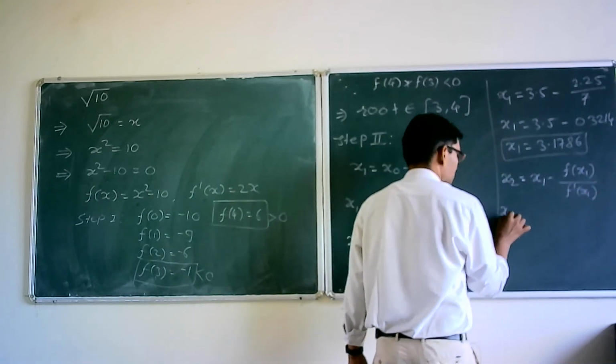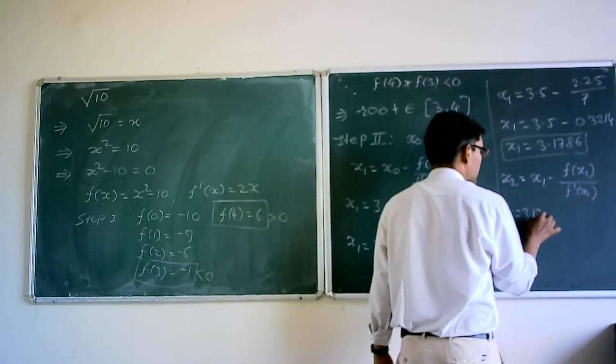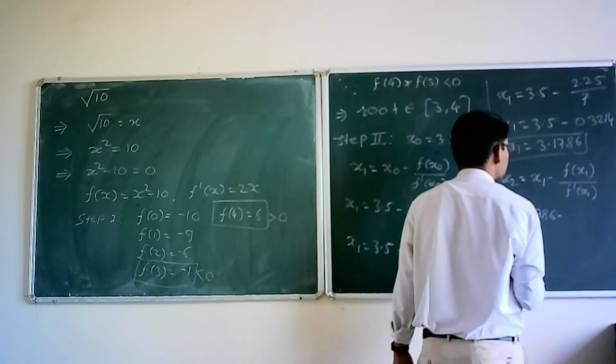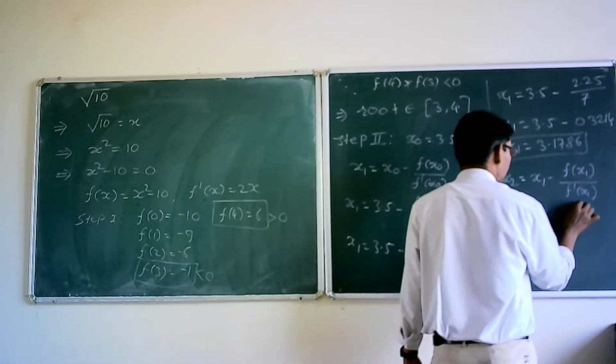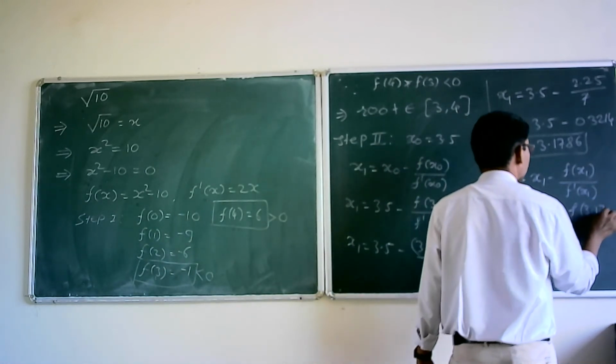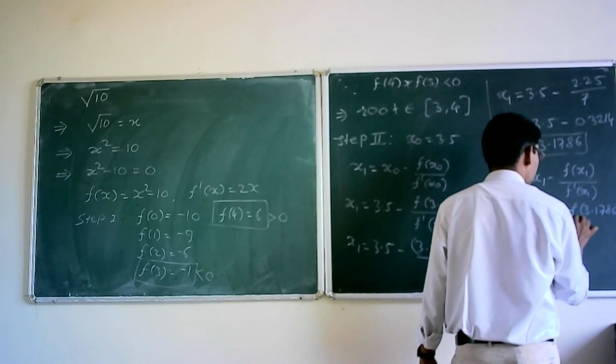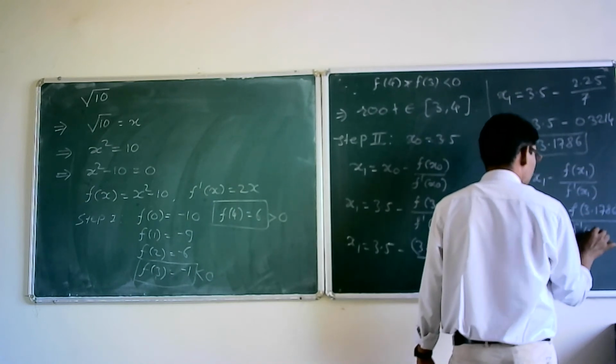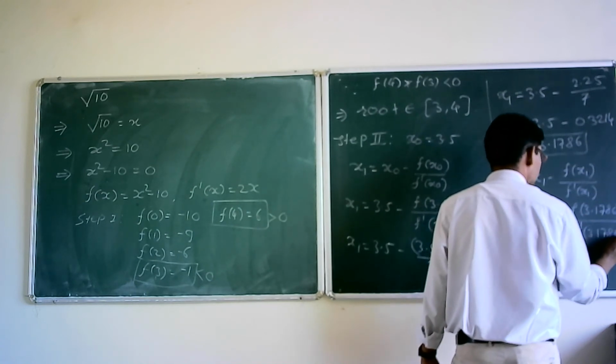So x2 is equal to 3.1786 minus f of 3.1786 divided by f dash of 3.1786.